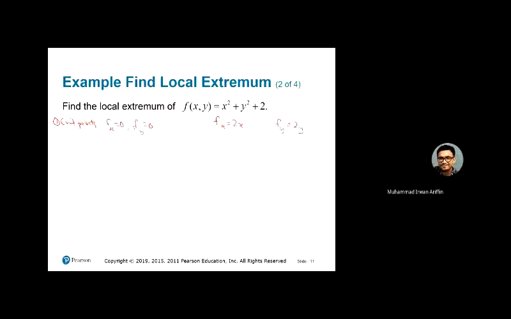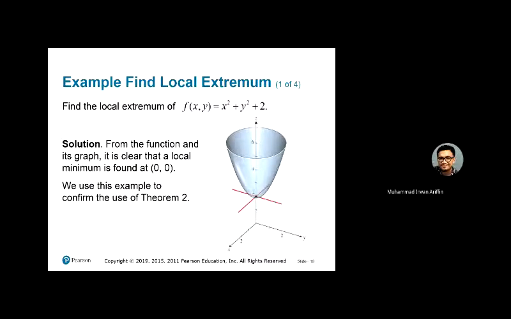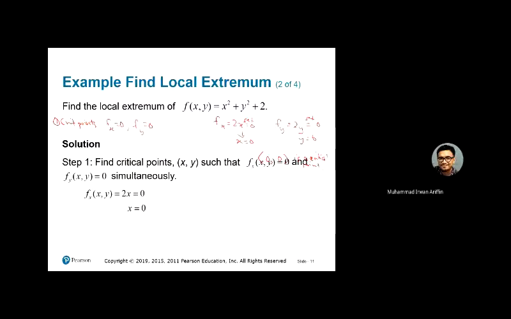If we set the first to equal 0, x equals 0. If we set the second to equal 0, then y equals 0. So in this case, (0, 0) is a critical point, and there is only one critical point. That's step number 1.